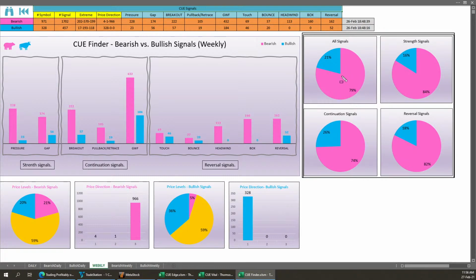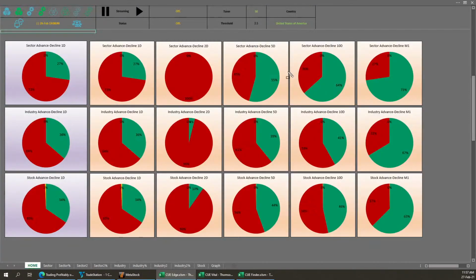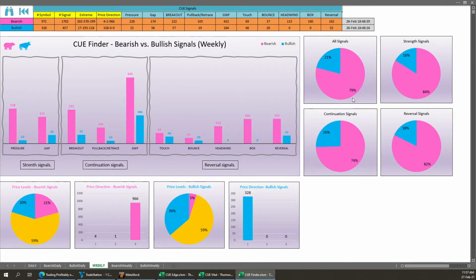That is what seems to be the conclusion when you look at the extreme bearishness in the QFinder weekly picture and see that the weekly picture for sector industry stock advance decline is not that bearish. So the mid cap, higher cap stocks didn't drop so much as the small cap stocks. That seems to be the conclusion.